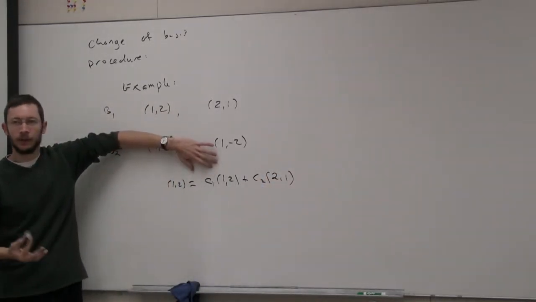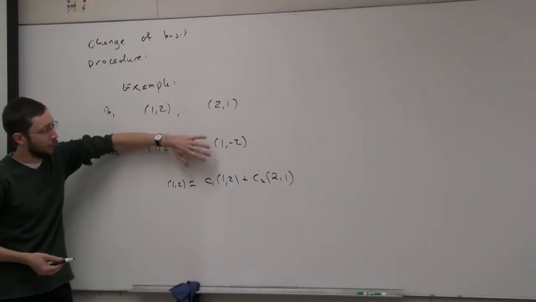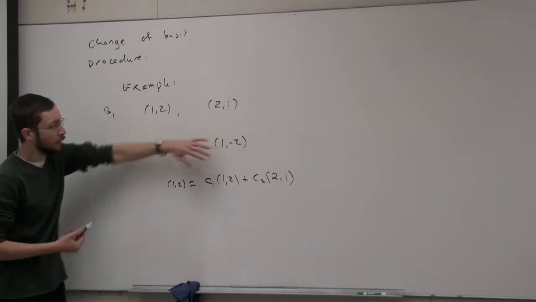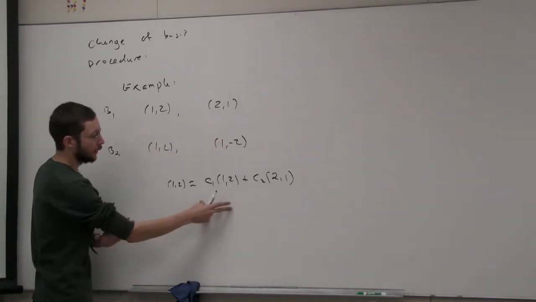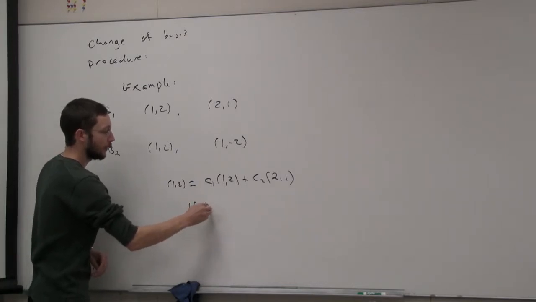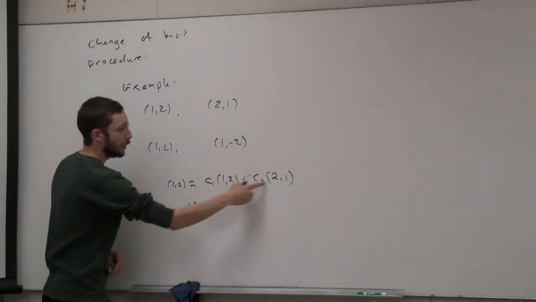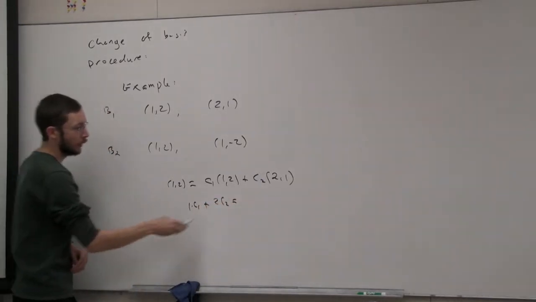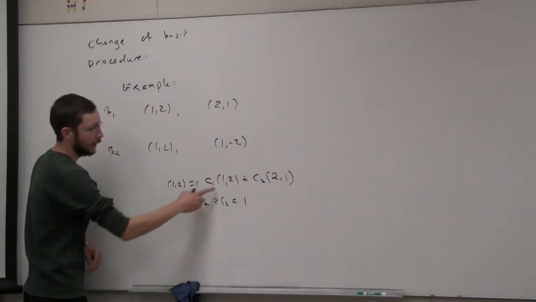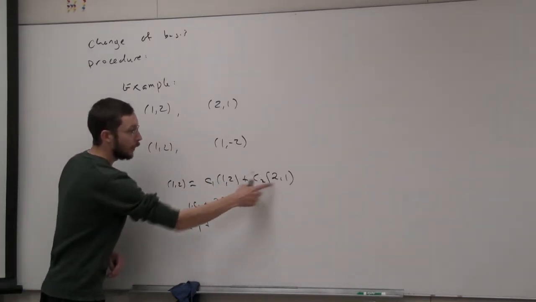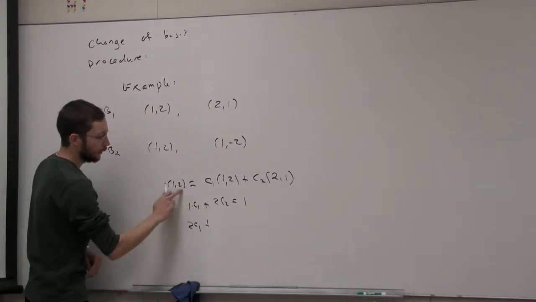In this case we can already see what these values are going to be, but if we didn't see that already, how could we track down C1 and C2? We notice that this is basically just a linear system. This says that 1C1 plus 2C2 has to equal that component 1. And same thing here, 2C1 plus 1C2 has to match this component here.